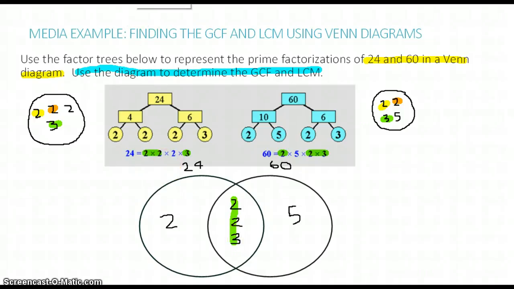So 24 is equal to 2 times the product of these numbers, which is 12, and 60 is equal to 5 times the product of these 2 numbers, which is 12.